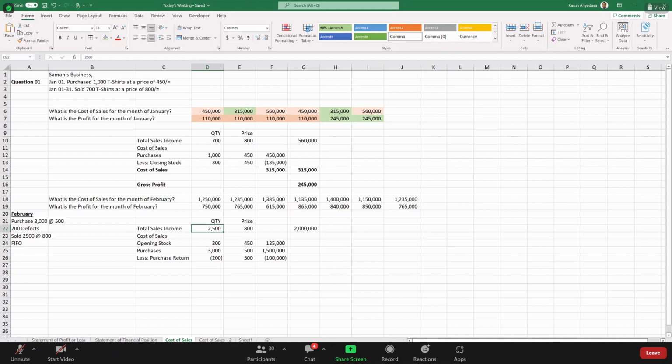Meaning that there is a closing stock that we need to remove, which is not used to generate this revenue. Closing stock of how much? 600.